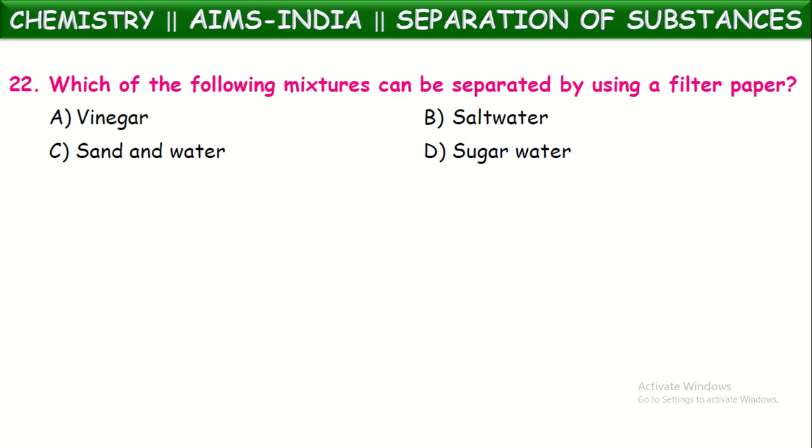Which of the following mixtures can be separated by using a filter paper? Yes, filter paper we can use for the separation of a liquid and an insoluble solid substance from it. See where it is that kind of mixture here, in the sea, isn't it? Here we can see sand and water, where sand is insoluble in water, hence it can be separated by using filter paper, isn't it? Yes.